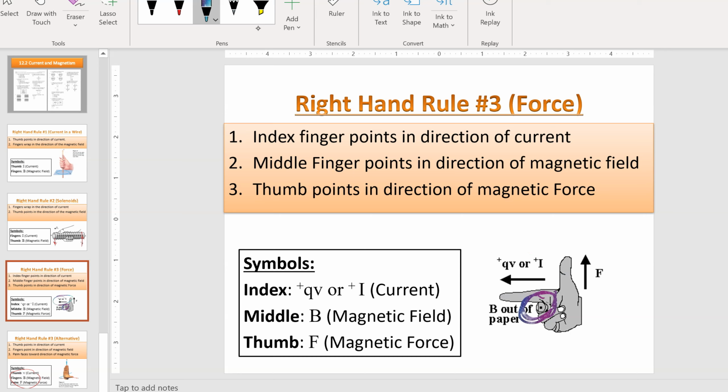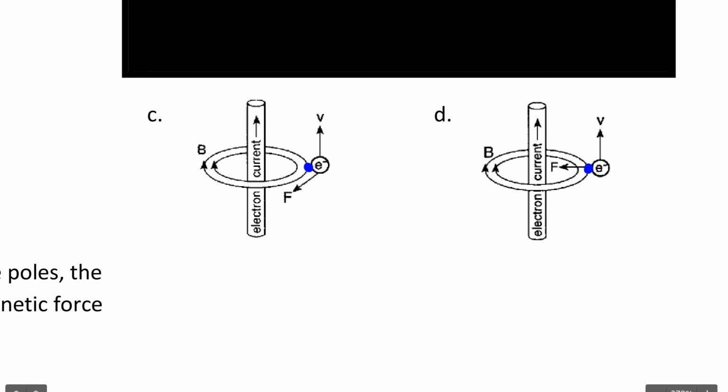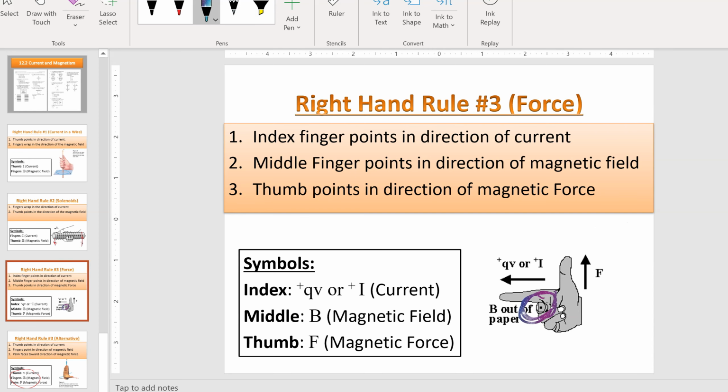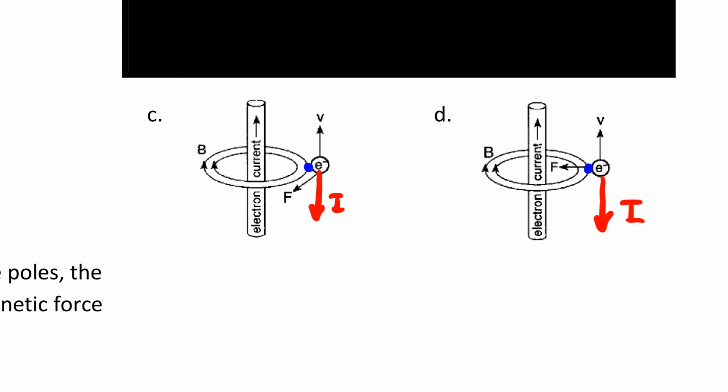So we're going to rotate our index finger. What direction should our index finger be? Should it be up or down? Let's take a look. The electron is flowing upward. Conventional current goes opposite electron flow. So this is where conventional current is going. So we want our index finger to be pointing downward.